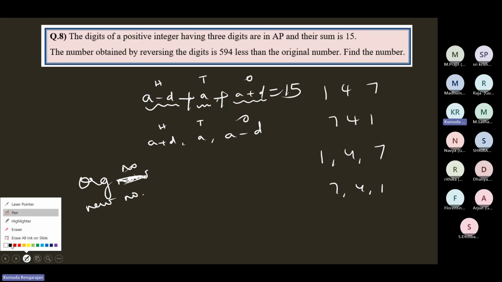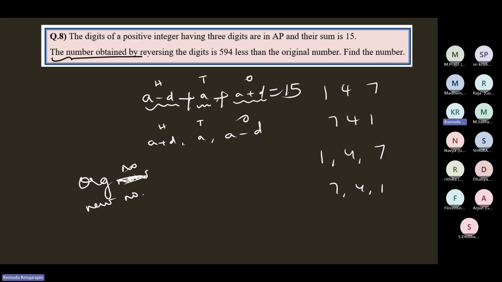The number which you get by reversing the digits is the new number. The new number is 594 less than the original number. That means the original number is bigger than the new number.